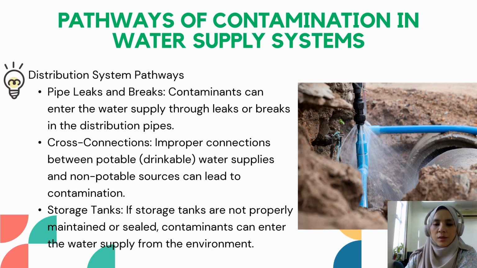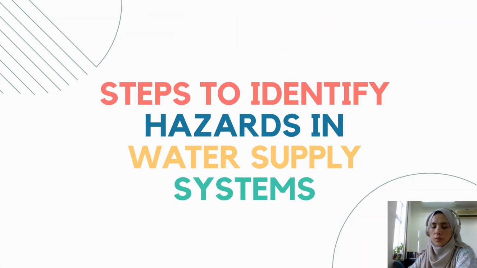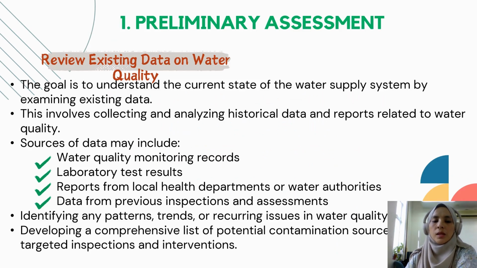Okay, so here are the next steps to identify hazards in the water supply system. For the first step, preliminary assessment, where we review existing data on water quality, the goal is to understand the current state of the water supply system by examining existing data.